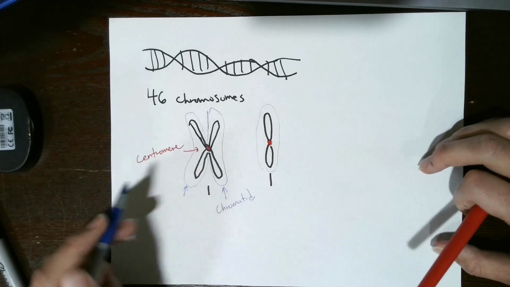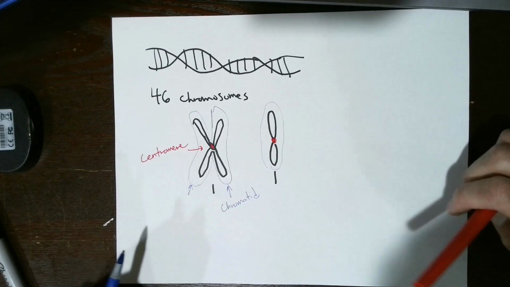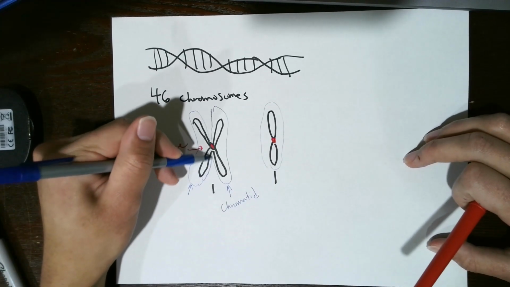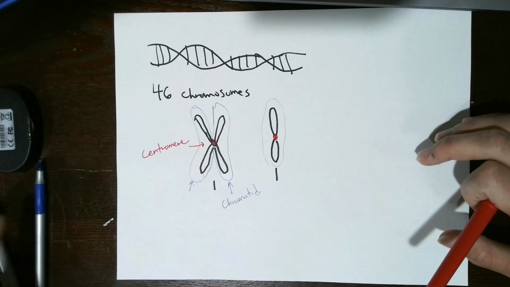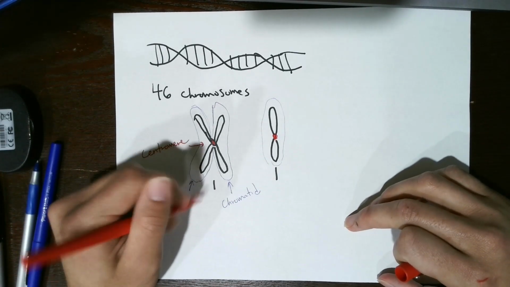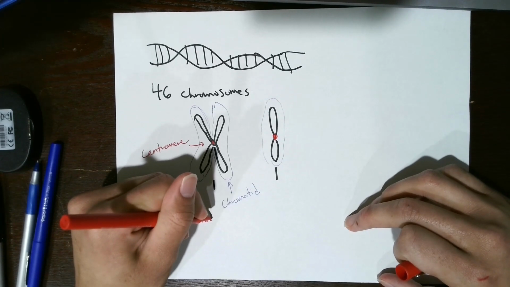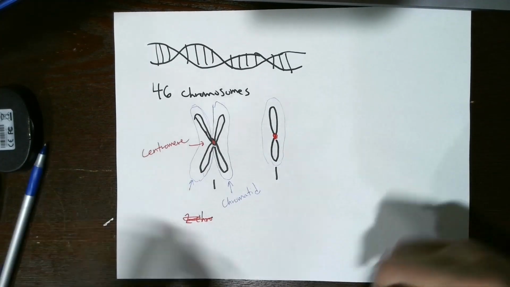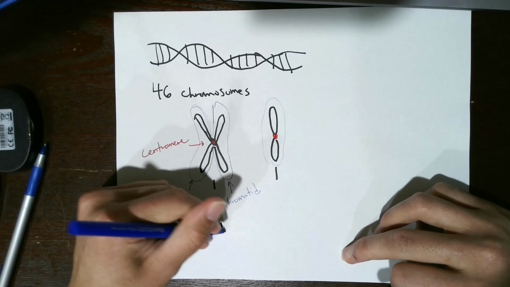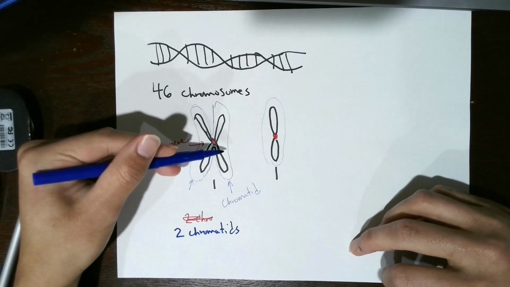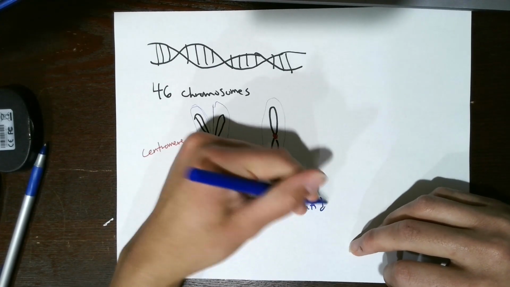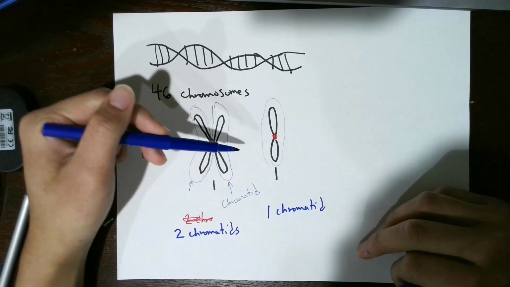But if you look closely, this one has more chromatids because each of these halves is a chromatid. Let me write it in blue so it's simpler. So this is two chromatids because it has two halves. This is one chromatid because there's only one half. It only looks like a stick.